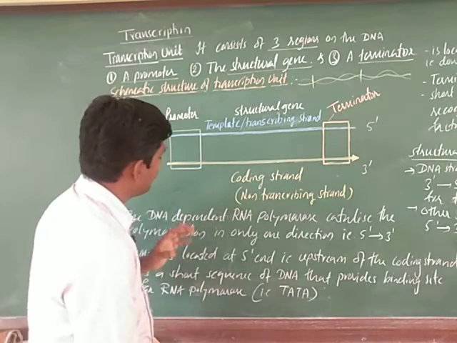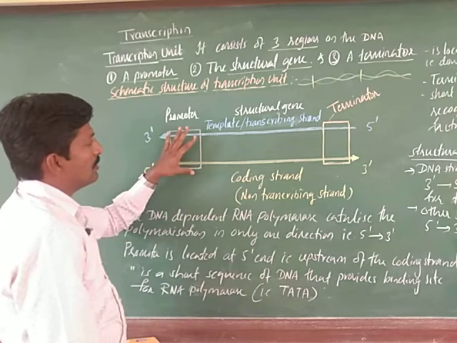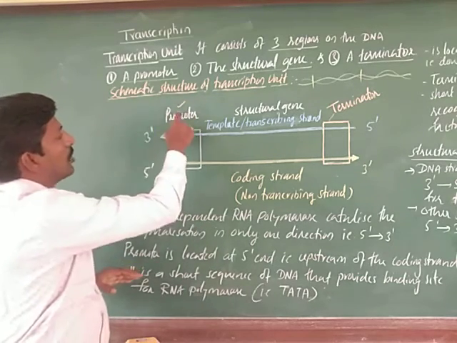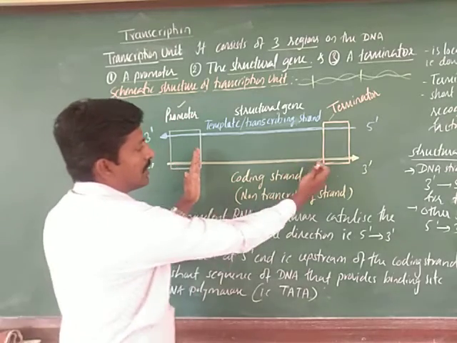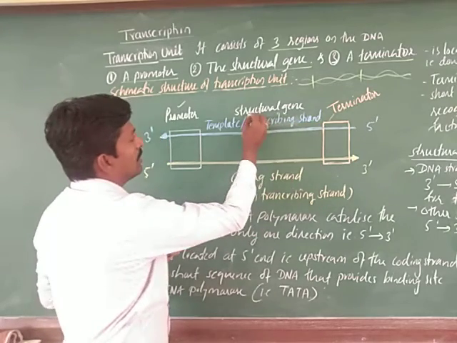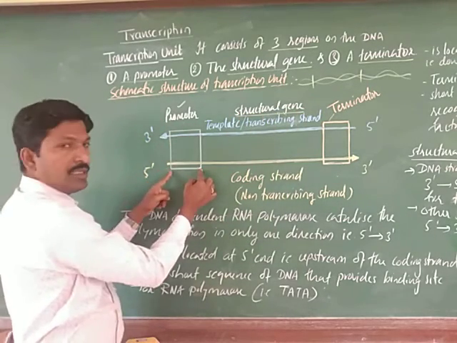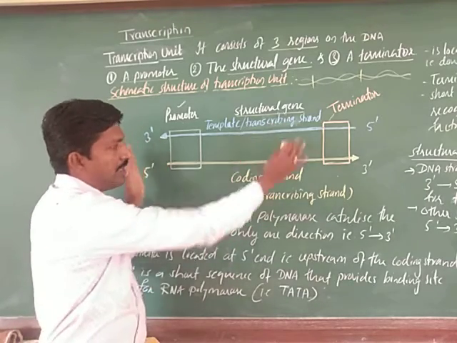Here the structure involves the first part, which is called the promoter. The next region, this complete region, is called the structural gene. The first part is some sequence, we will discuss it later, so try to understand the structure first.